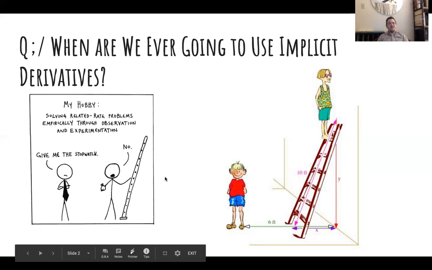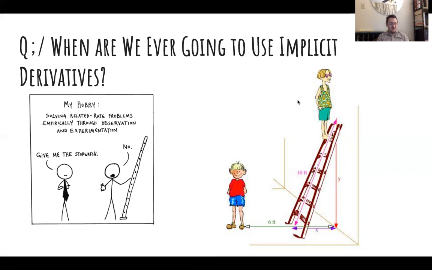So when we actually start adding motion in there, we have rates of change. We have rates of change in the height of the ladder, and in how far the ladder is from the wall. And this is where we're going with related rates.